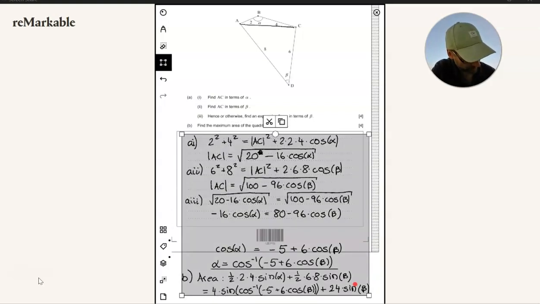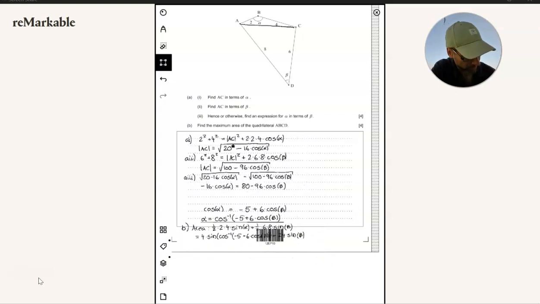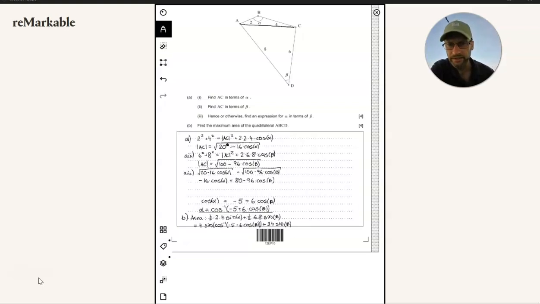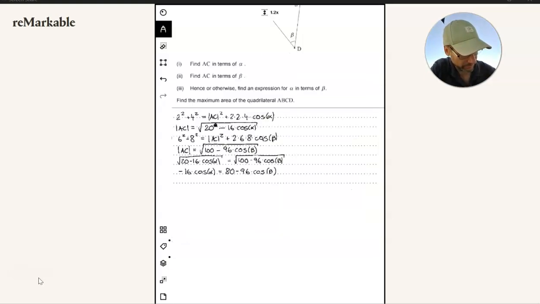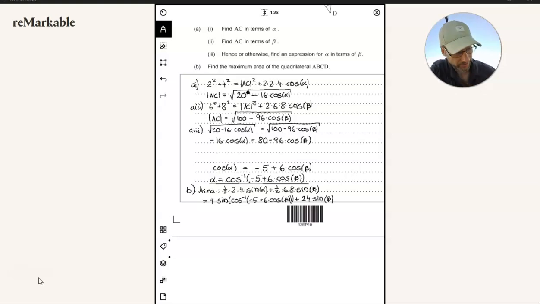I'll just make this a little bit smaller so we still have access to it. And then I can keep working on my expression. First of all, we have seen a couple of times that if you have an inverse cosine followed by a sine, you can actually simplify this a little bit.